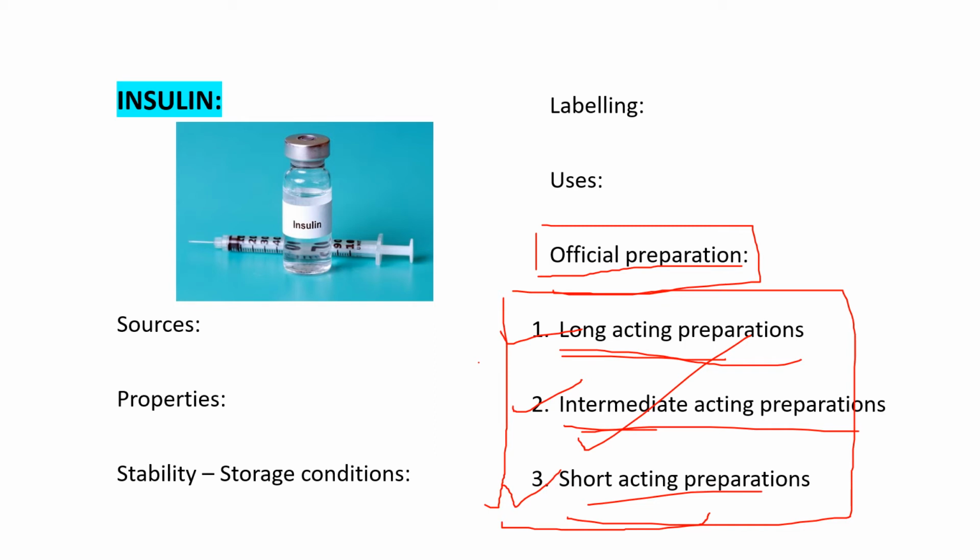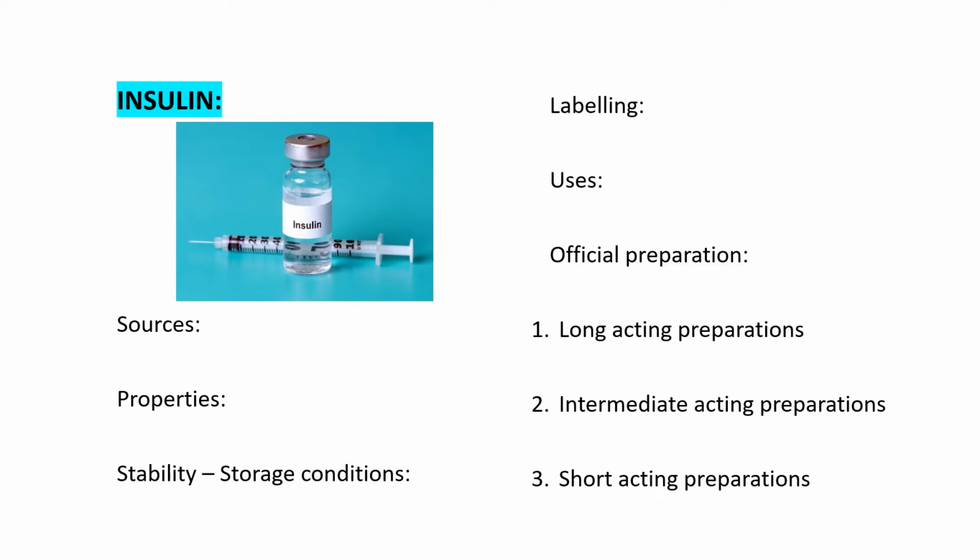Mix means in which insulin is present in both form, amorphous as well as crystalline, officially in IP, isophane insulin injection IPBP. Then third one, short acting example: insulin injection IPBP, neutral insulin injection BP, insulin zinc suspension amorphous IPBP, biphasic insulin injection BP. These are the official preparations of insulin.